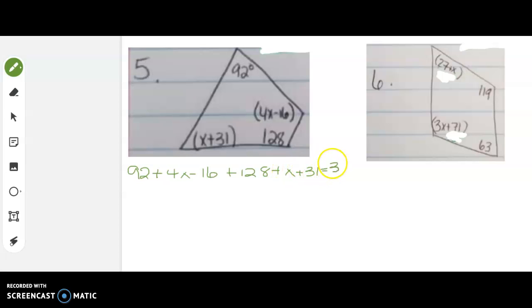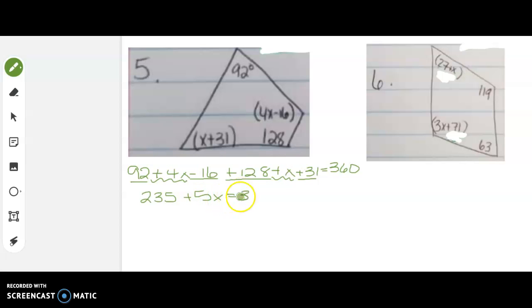That still gives me a sum of 360. So I'm going to combine like terms. So I have the 92, the negative 16, the positive 128, and the positive 31. When I add those together, I get 235. Then I have a 4x and an x. When I combine those, because they are alike, I get 5x.